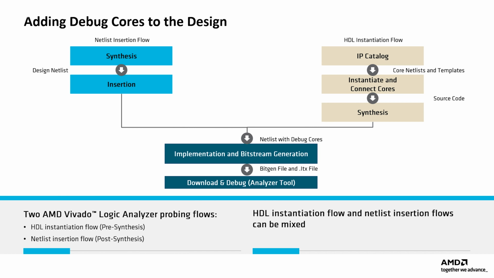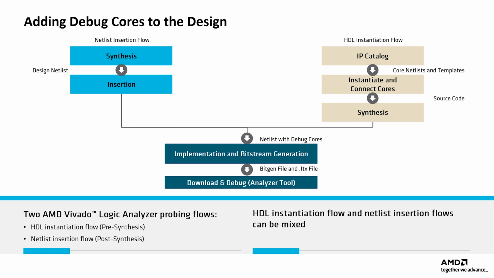There are two Vivado logic analyzer probing flows available in the Vivado IDE. First is the HDL instantiation flow. This flow involves the manual customization, instantiation, and connection of various debug core components directly in the HDL design source.